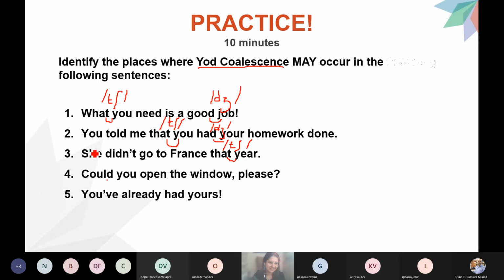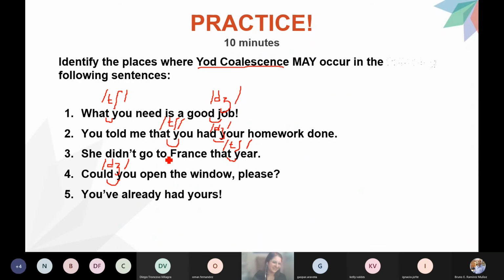That's correct. You didn't know, but you are correct. Can you pronounce the sentence, please? Could you open the window, please? And now, can you pronounce it as it was, like "could you"? Could you open the window, please? Thank you very much.